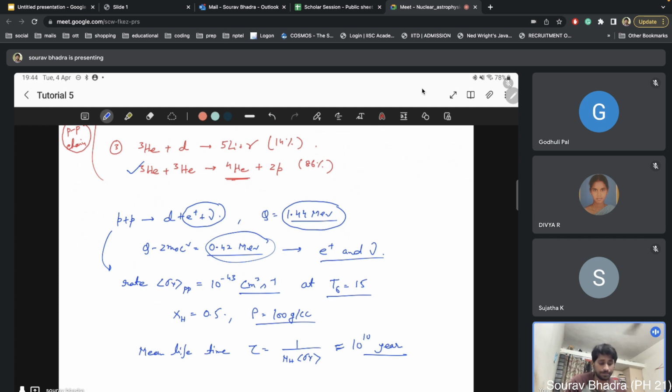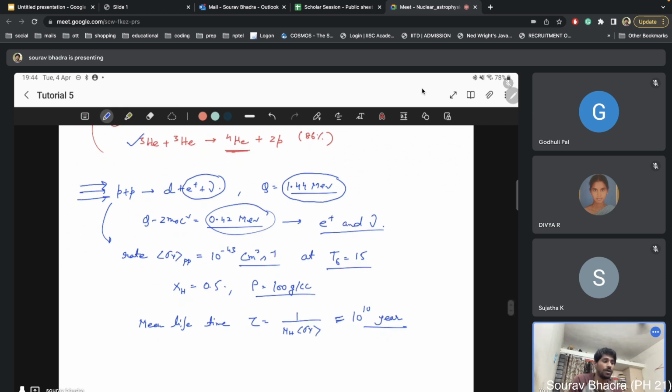So that's why stars consume nuclear fuel very slowly, because this particular reaction is the start of nuclear fuel burning, and if the starting stage takes 10 to the power 10 years, the other reactions happen only after this first step. It is the reason why most of the total burning time is dominated by the proton-proton reaction.